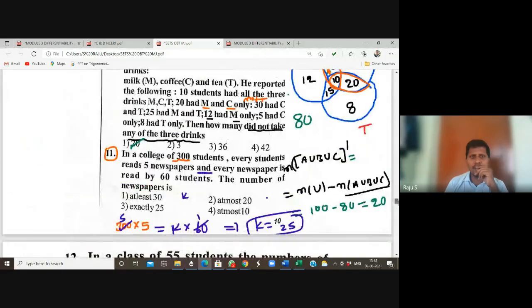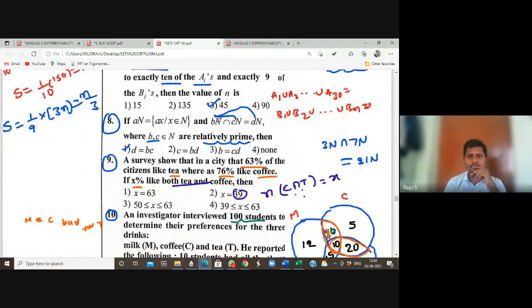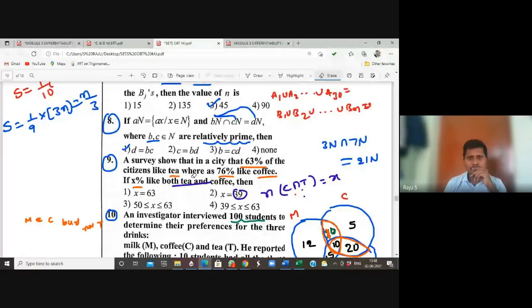Can you try the remaining? I can explain. I'm giving just the last 1 minute. The remaining also you should try to do. Simple question, a logical question.